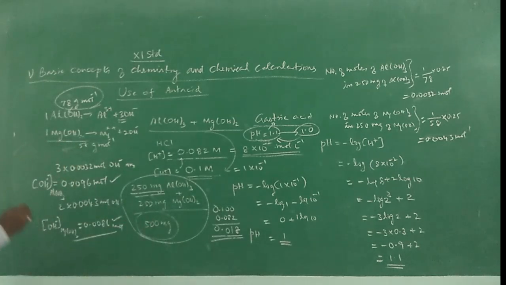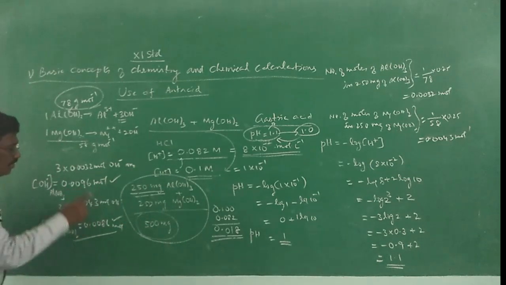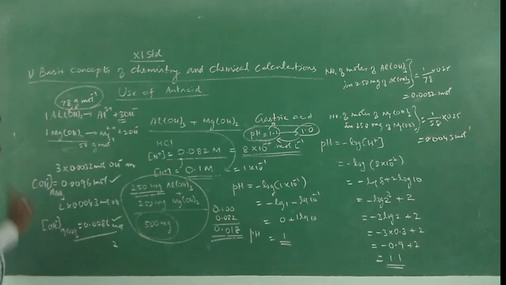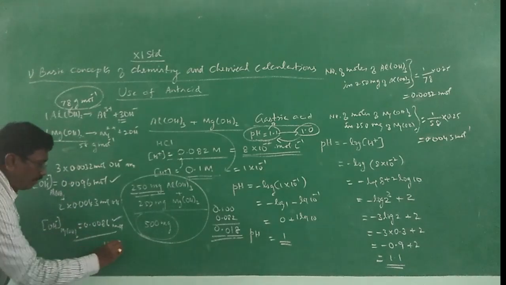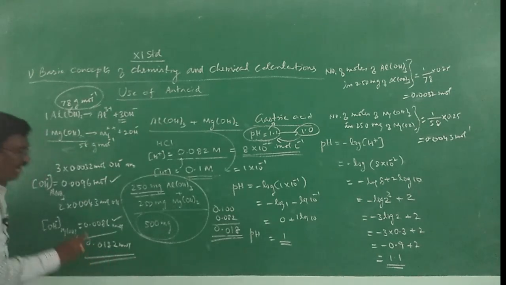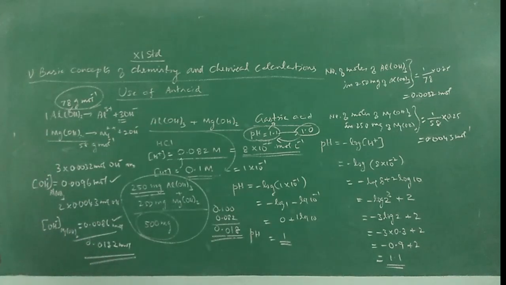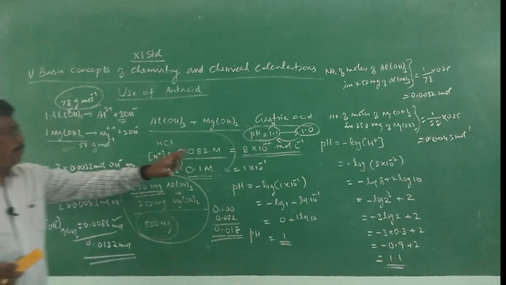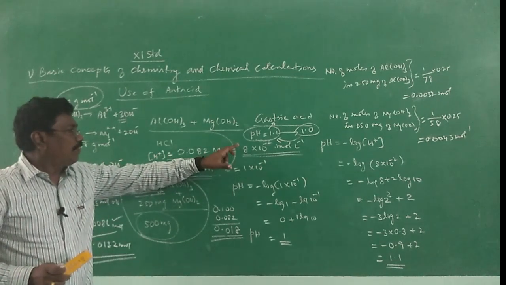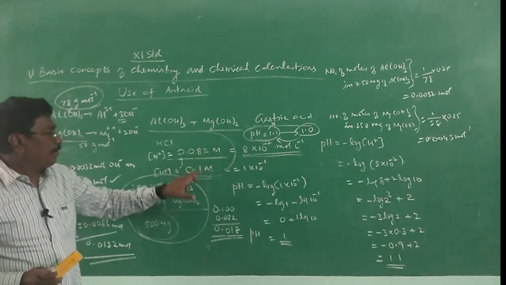So 500 mg tablet furnishes how much? 6 plus 6, 12, 1, 2, remainder 1. So 10, 8, 18. 0.018 mole of hydroxide ions are generated. So actually, hydrogen ion concentration from this one is converted to this one.